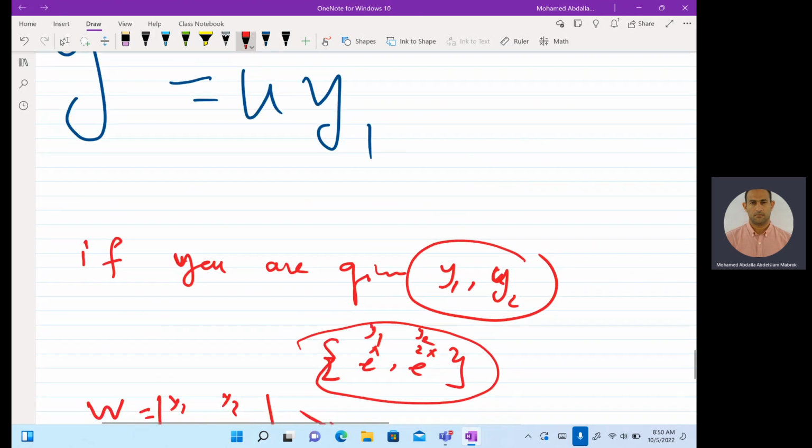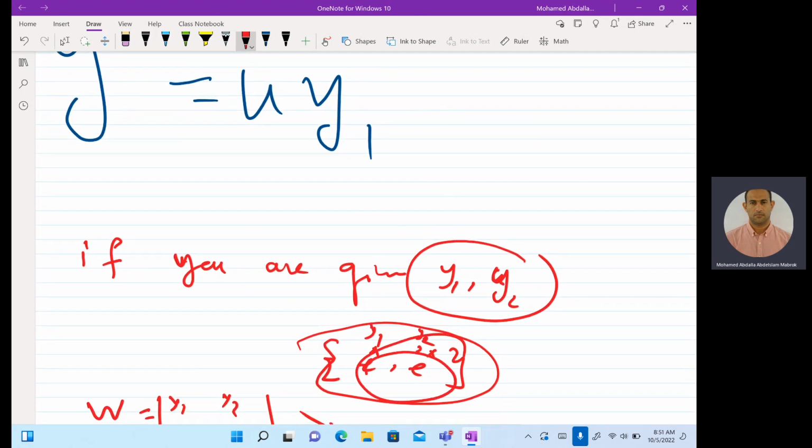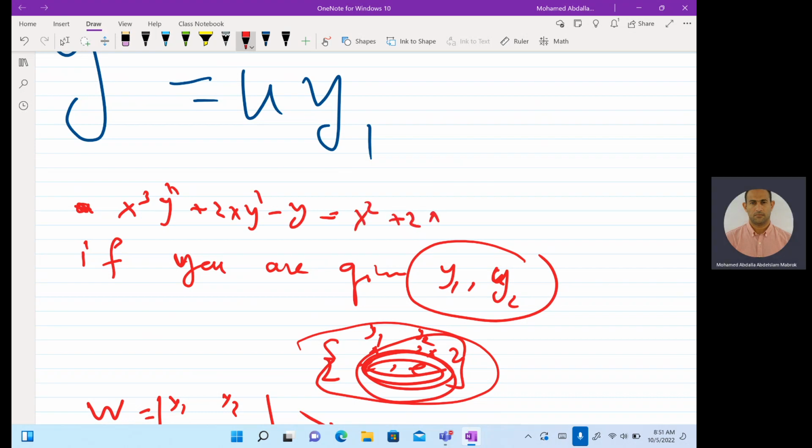For example, I don't know if this is the fundamental set of solutions or not, but it could be x cube y double dash plus 2xy dash minus y equal x squared plus 2x, something like that. And I'm giving you y1 and y2.